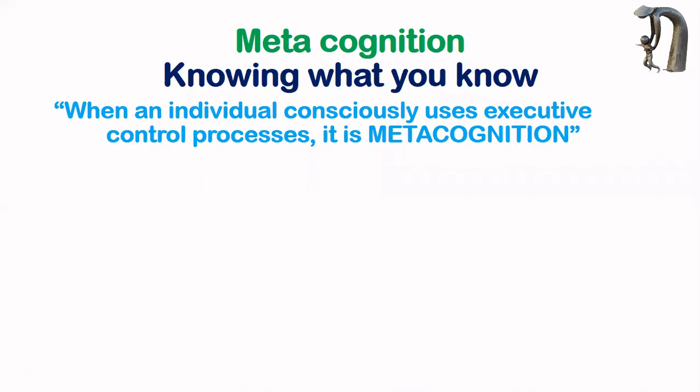Let us understand. What is metacognition? It is nothing but cognition about cognition. It is thinking about thinking. It is knowing about knowing. It is becoming aware of one's awareness.